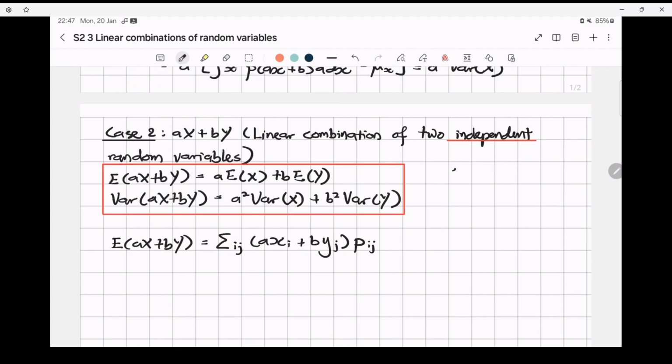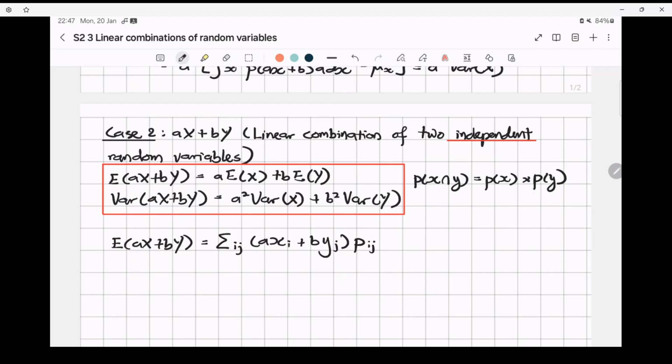Or rather, I can write P(x intersect y), two events happening together, is given by P(x) multiplied with P(y).